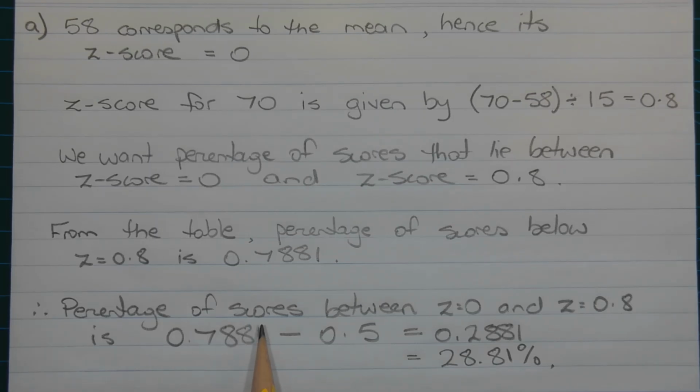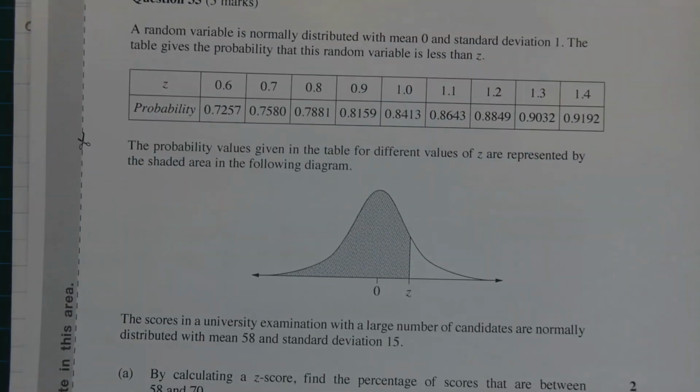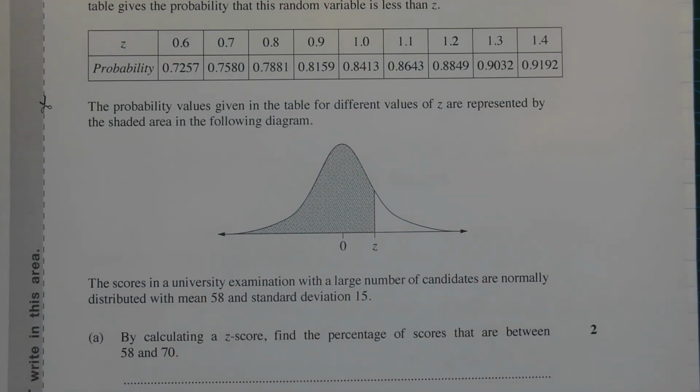But we want the percentage of scores that lie between z equals 0 and z equals 0.8. Just put the diagram back up on the screen. So we want the percentage of scores that lie between 0 and 0.8. Now we know from the characteristics of the standard normal distribution, half the scores lie to the left of 0, or a z-score of 0.